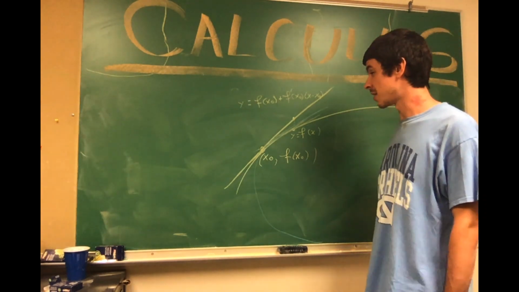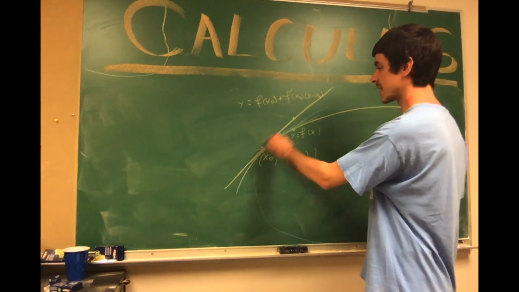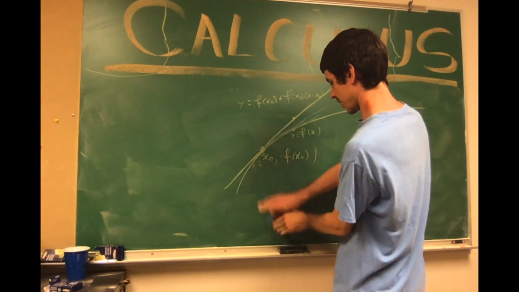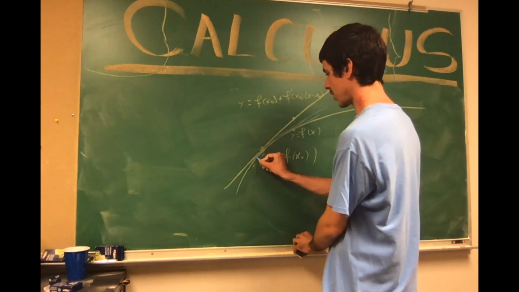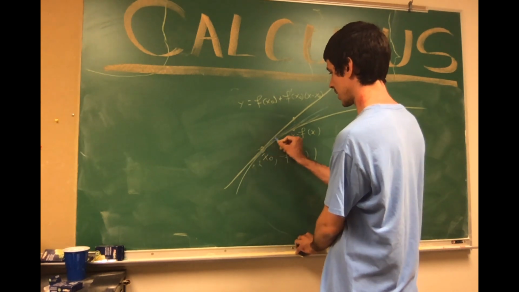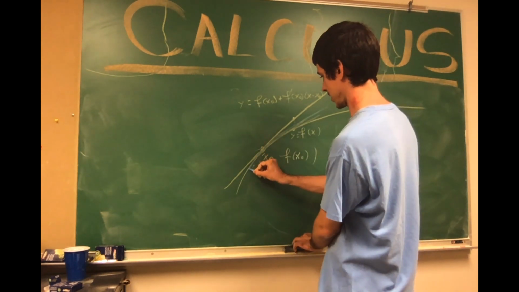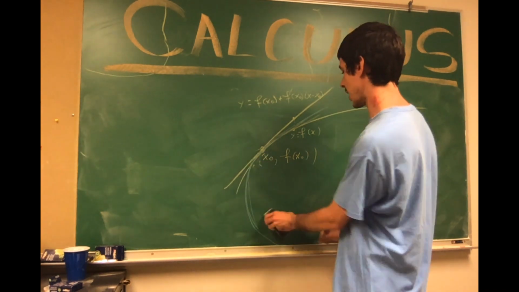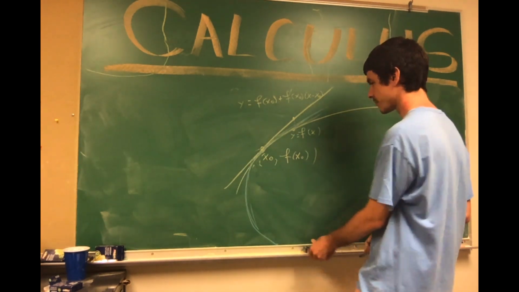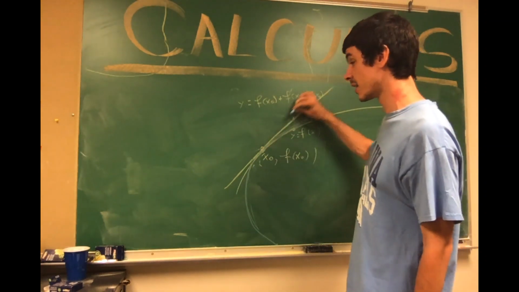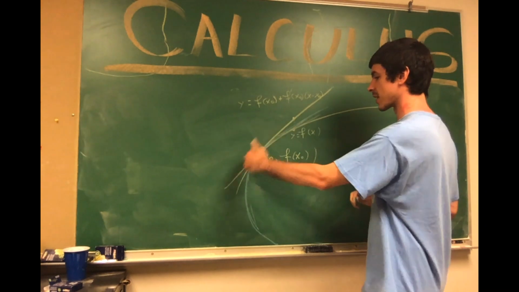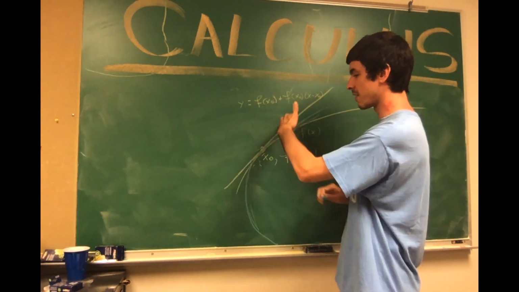That's what the second order approximation really is. This is not a good picture, it should be more like this, so it makes contact. Now we approximate with a parabola and get an even better approximation. This is called second order contact. The tangent line has first order contact with the curve. It has the same first derivative.